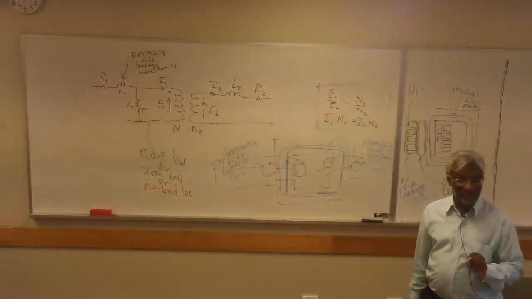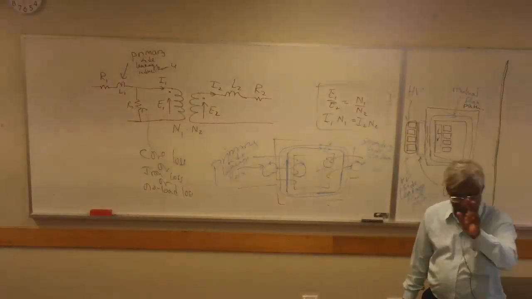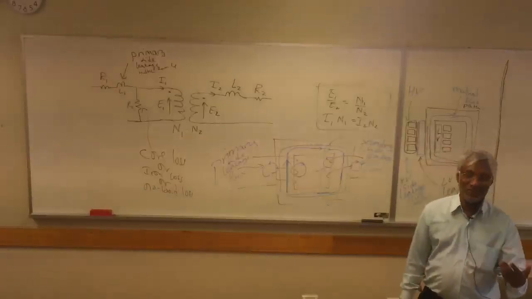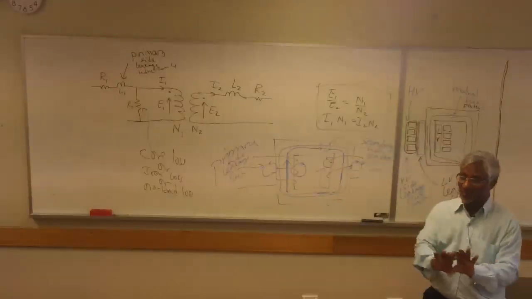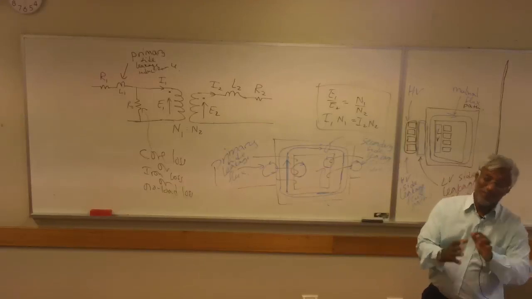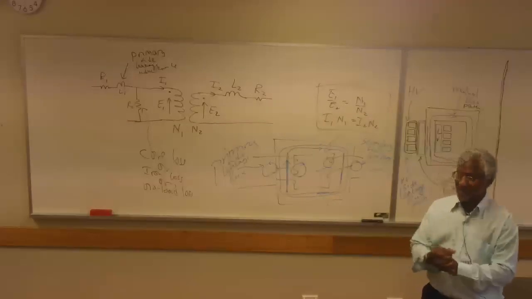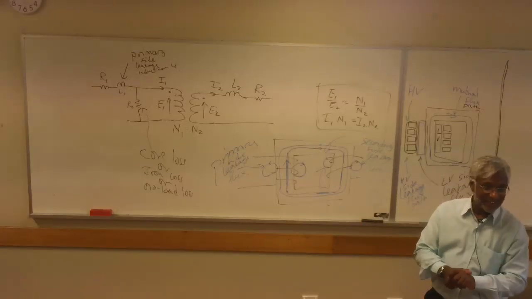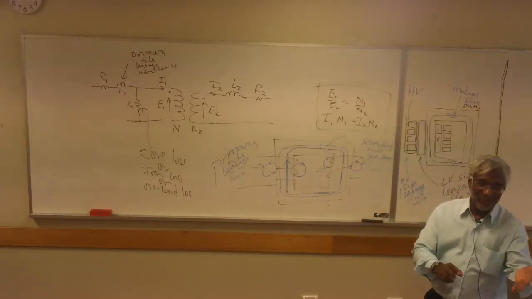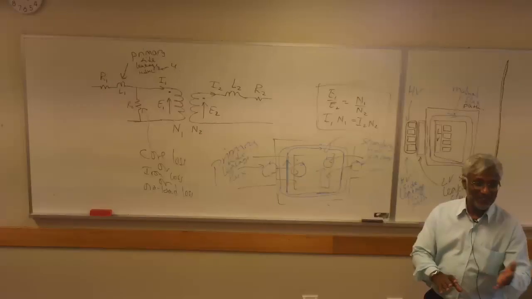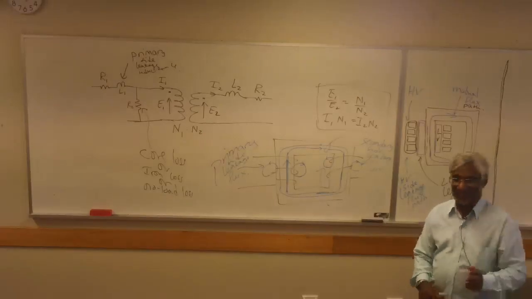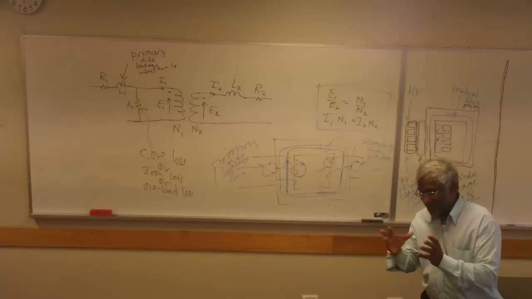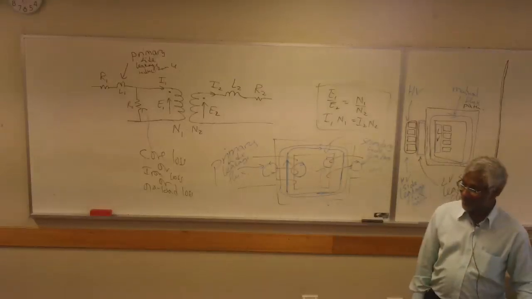So a perfect transformer is V1 on V2 equals N1 on N2, I1 N1 equals I2 N2. But we also have to realize, when we've made those two statements, that we have implicitly said that this perfect transformer is made up of windings that have this material property, that the conductivity of the windings is infinite. And it's got this other material property, that the permeability of the core is infinite.